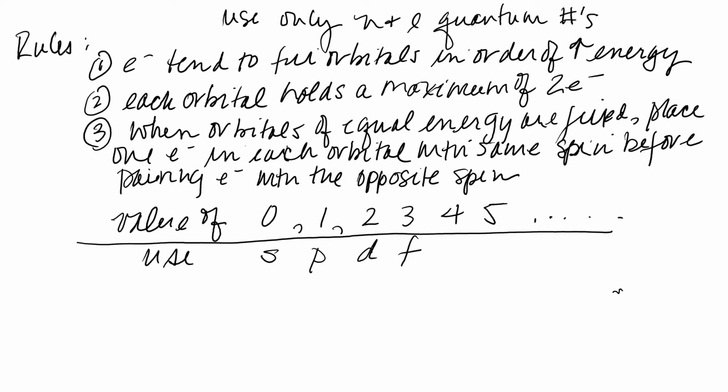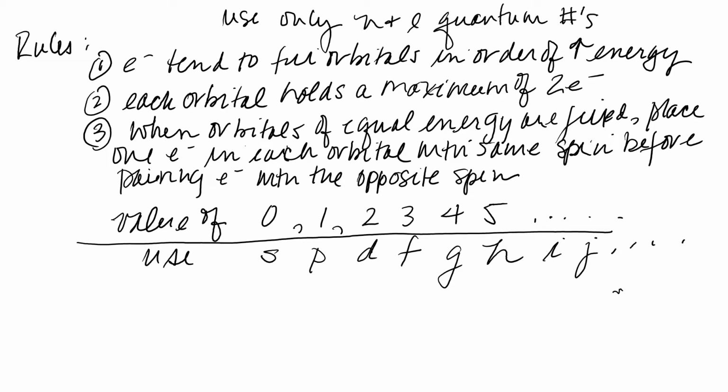Now, we have only discovered elements that contain electrons in the f subshells. However, theoretically, we also have g, h, and with 6 here we would have i, j, and so forth, okay?